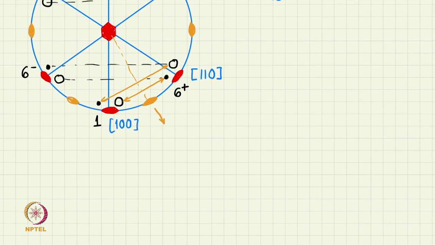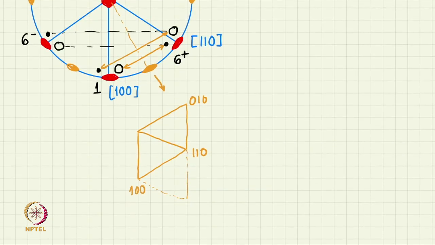So let us work out. This was 100, this was 010, and this one was 110, and this is a bisector. This one is a bisector of these two directions.